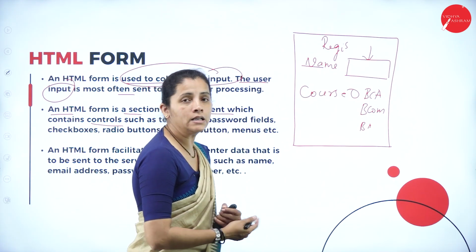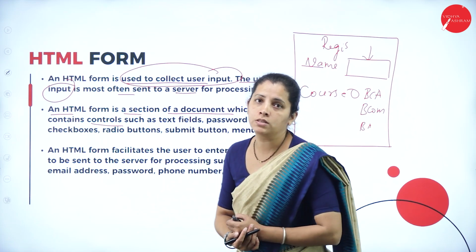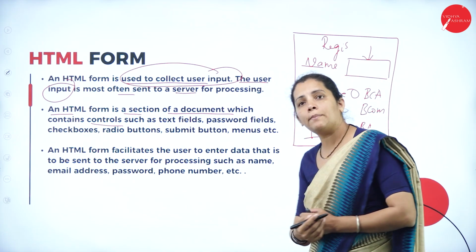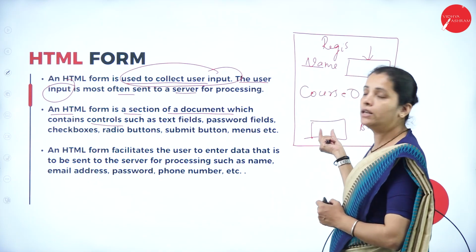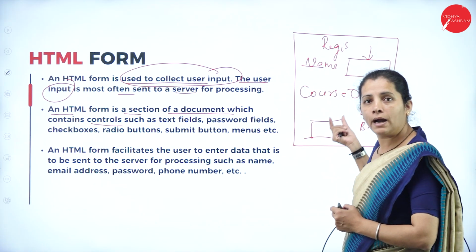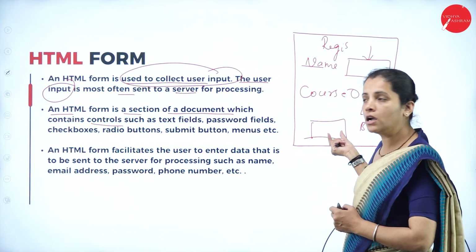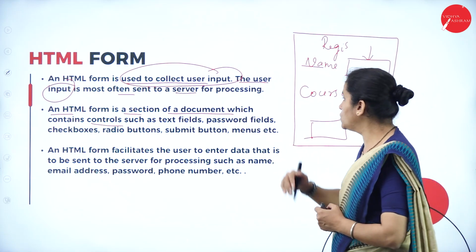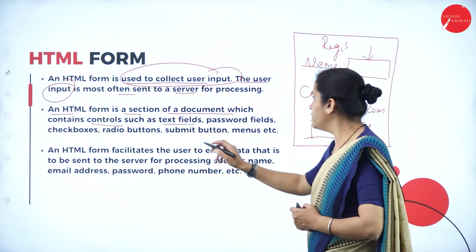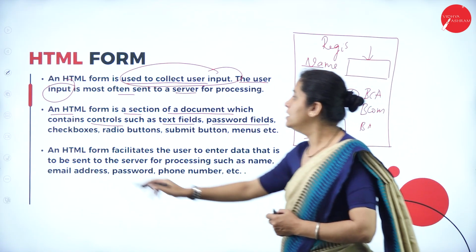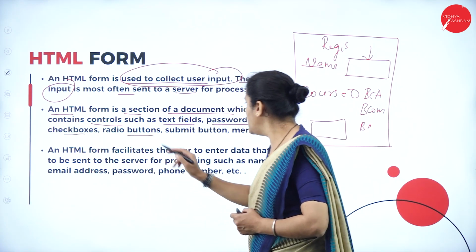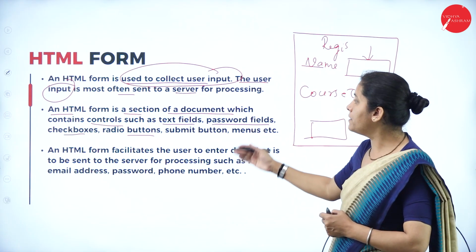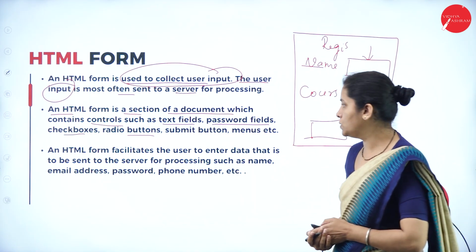So here radio buttons are nothing but controls. Okay, fine. At the end, I want to submit the form, so I'm going to include the button. Here the button is also an example of controls. So a form can have controls like text field, password field, checkbox, radio buttons, submit buttons and menus. These are some examples of controls.